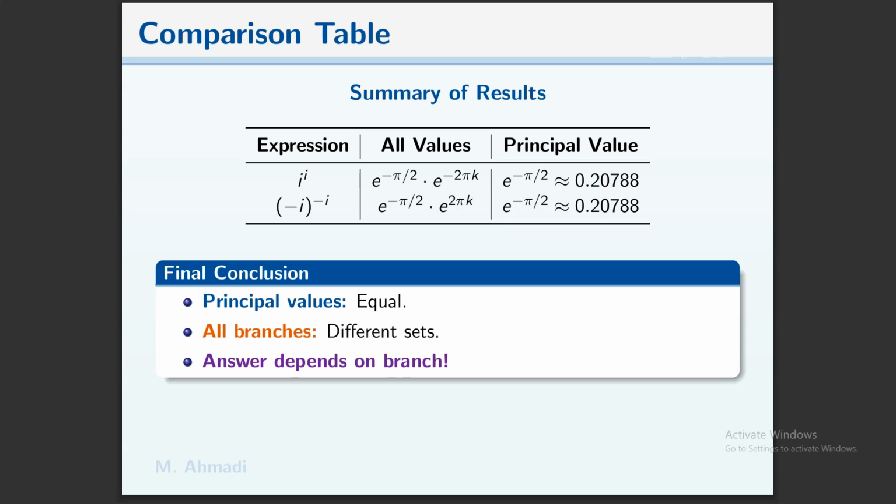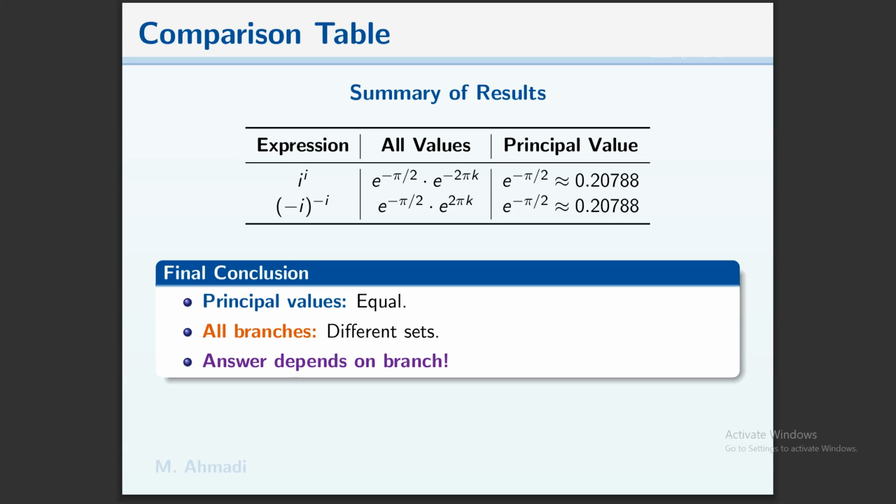And for minus i to the minus i, the value equals e to the minus pi over 2 multiplied by e to the 2 pi k, and the principal value equals e to the minus pi over 2, approximately equal to 0.20788. The final conclusion is that the principal values are equal.